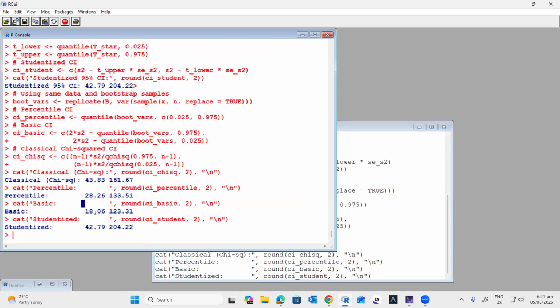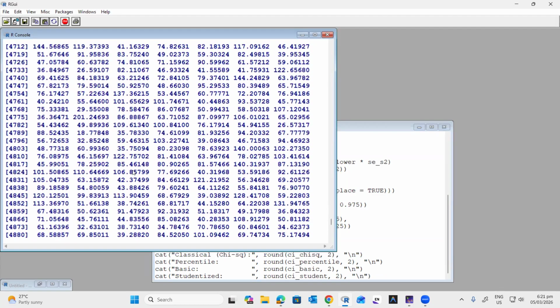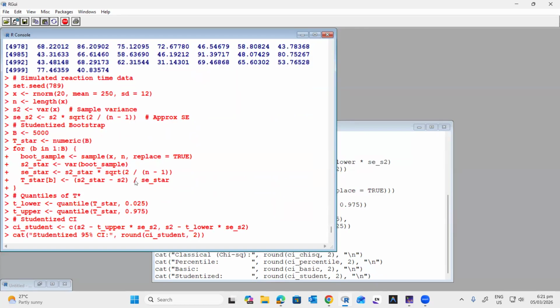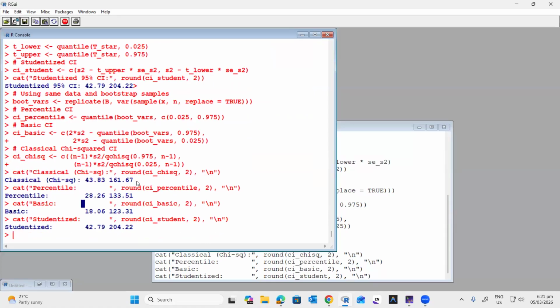All right, now see the difference in your bootstrap confidence intervals by the different methods.